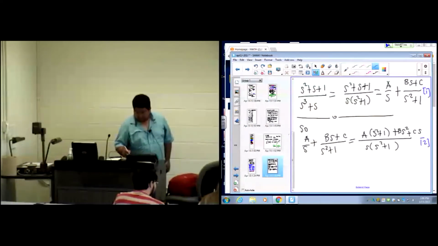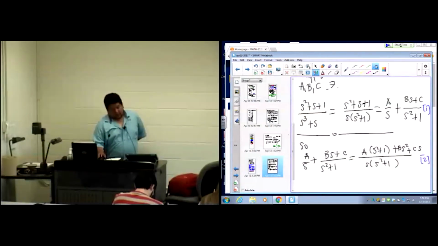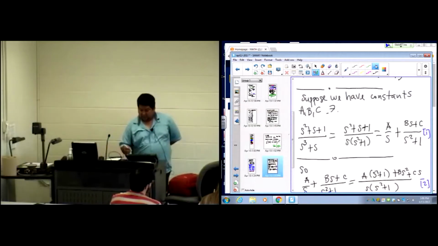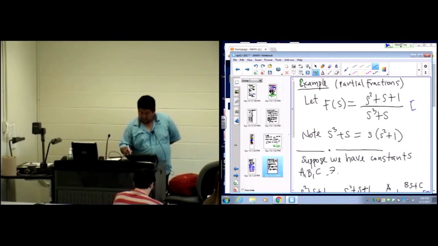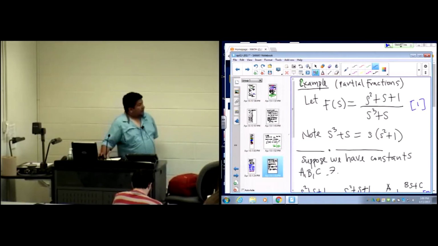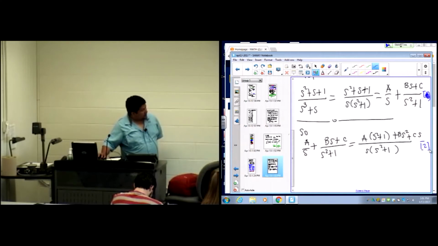I'm going to set them equal to each other. So equating numerators in 1 and 2, that means that we have s squared plus s plus 1, that's the numerator in expression 1, and that is equal to A times s squared plus 1, plus Bs squared plus Cs.